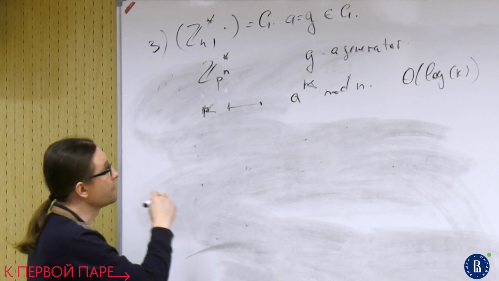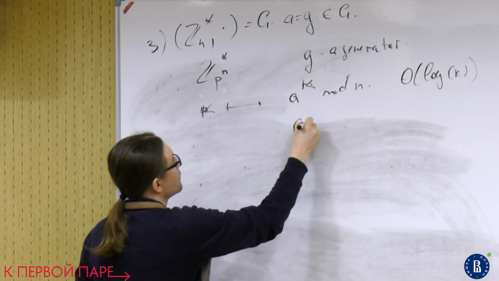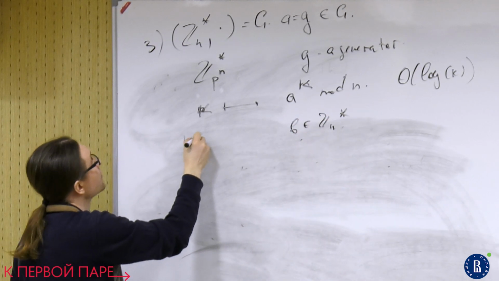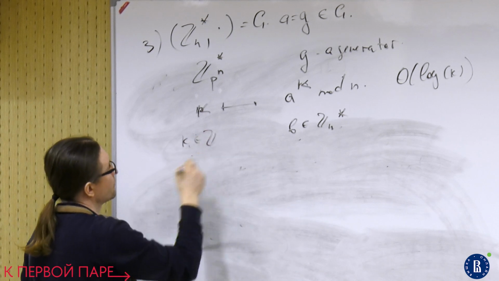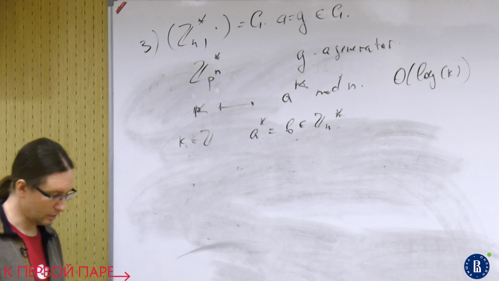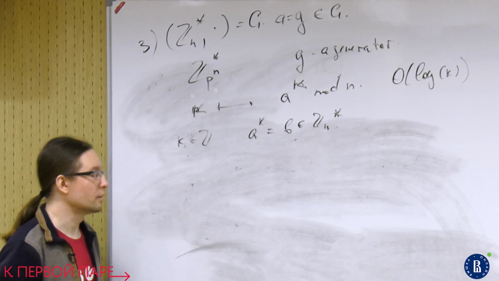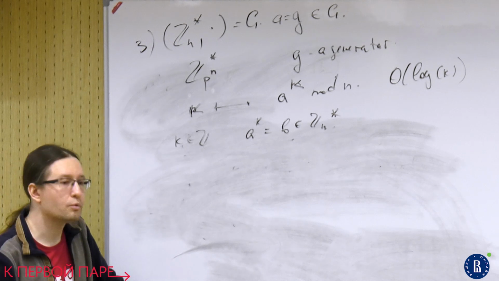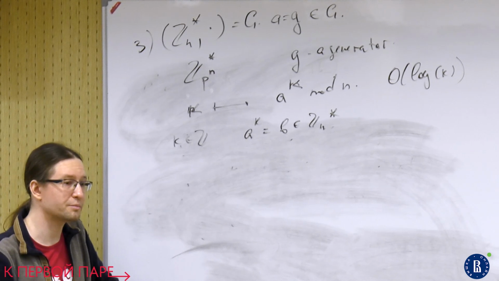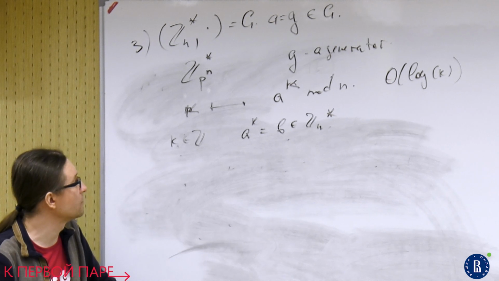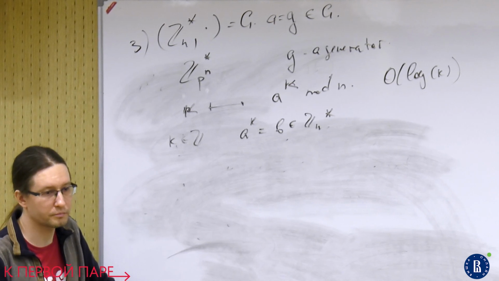But now, if you're given an integer b from Zn star, and you want to find k from Z such that a to the k is equal to b, then here is a funny thing. No one knows how to solve this problem any way but using brute force.